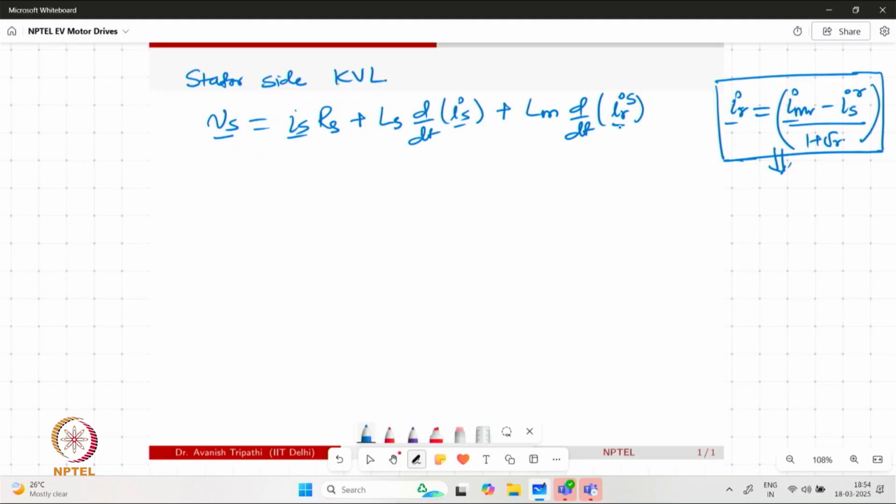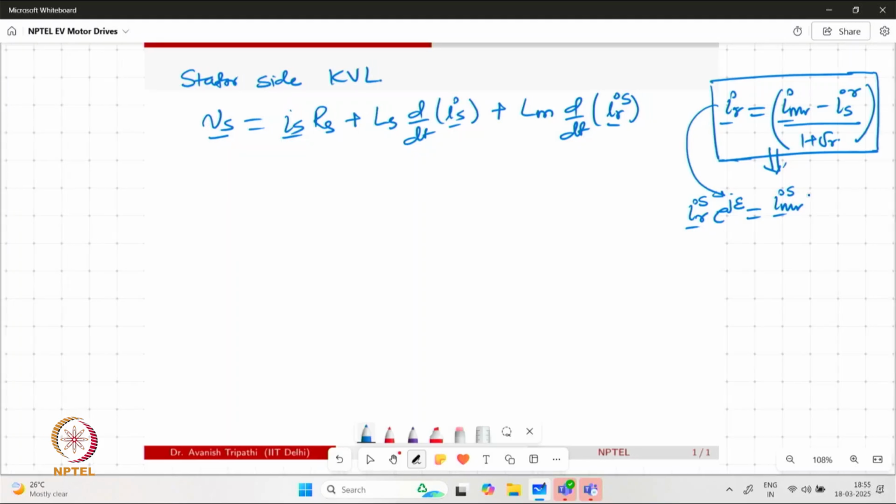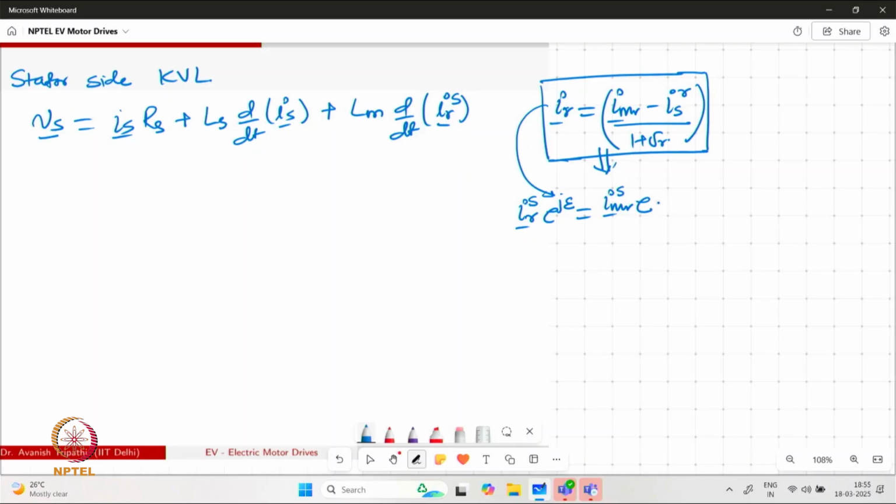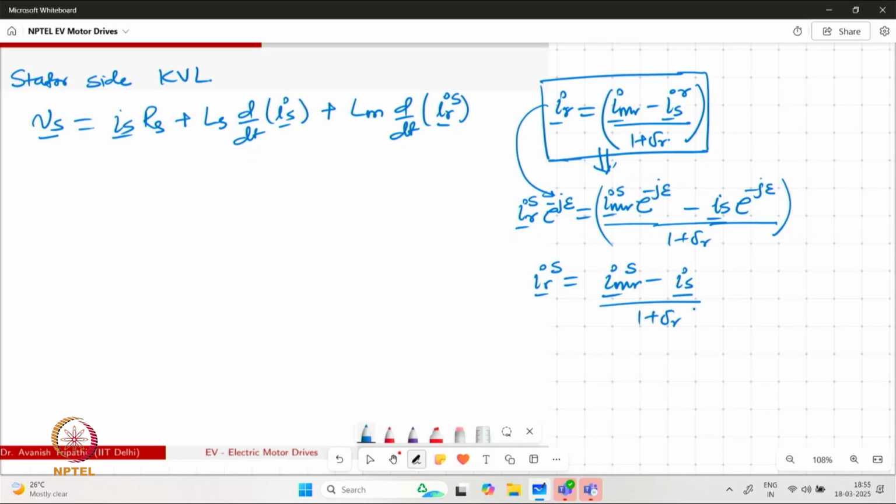Now, because we are talking about the stator frame of reference, we need to transform this equation to the stator frame of reference, and basically this reduces to IMR represented in the stator frame of reference minus IS, divided by 1 plus sigma r.